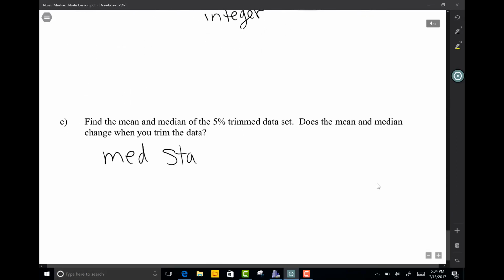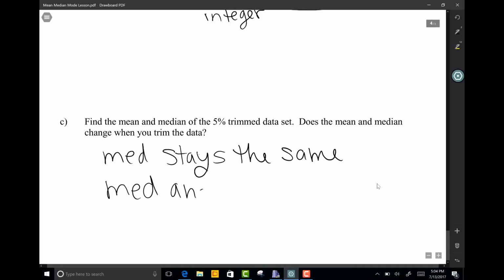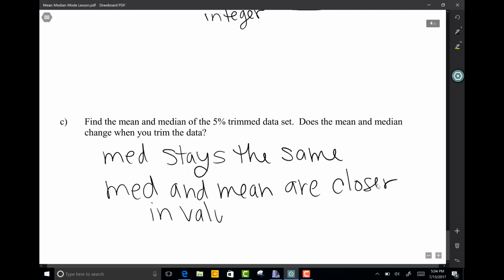The median stays the same. And also, the median and the mean are closer in value with the trimmed data set.